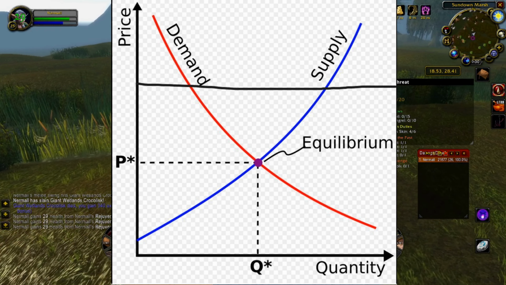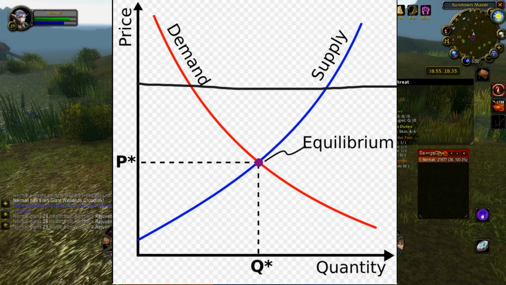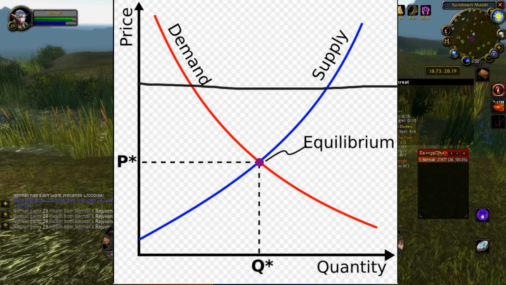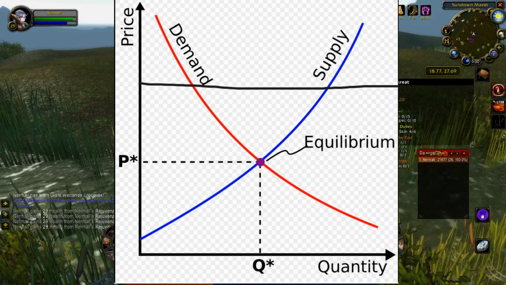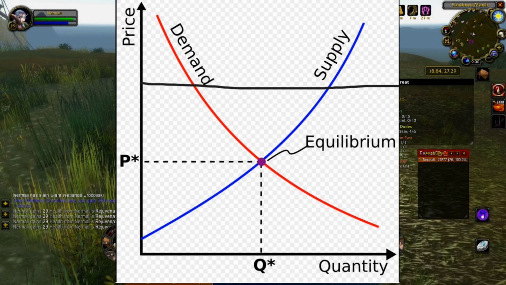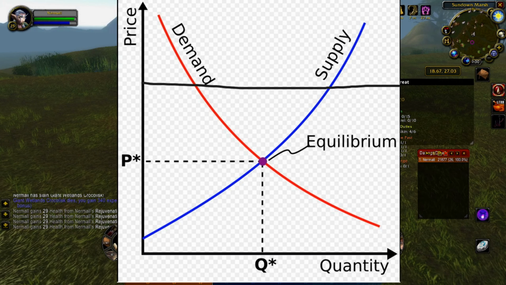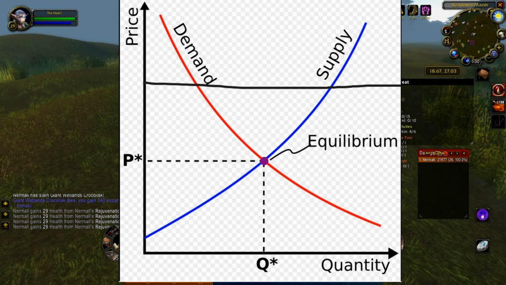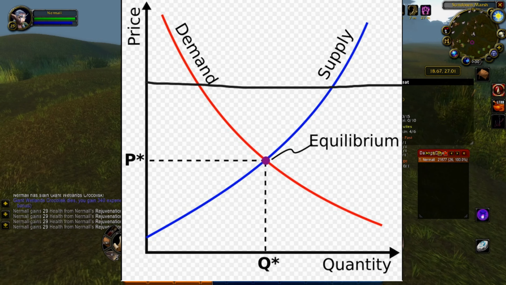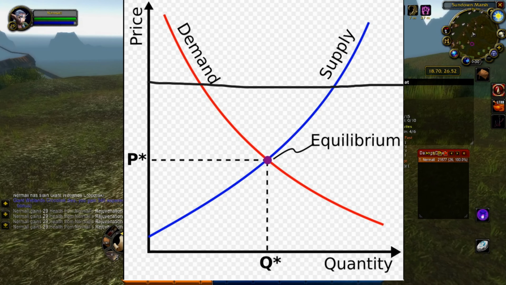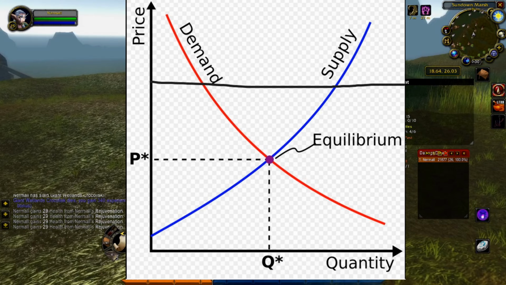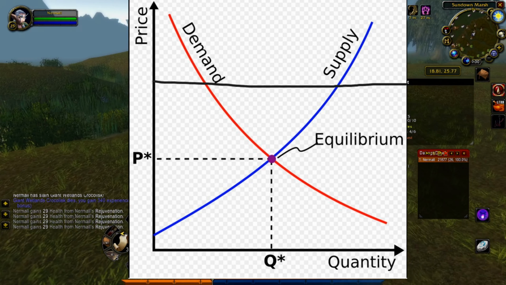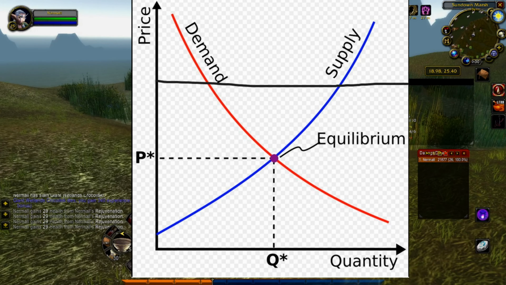You'll see that in this graph right about now. The price floor has to be above the equilibrium price, because if it's not, then the price floor is ineffective. And with a tariff, it does shove it above the equilibrium price.